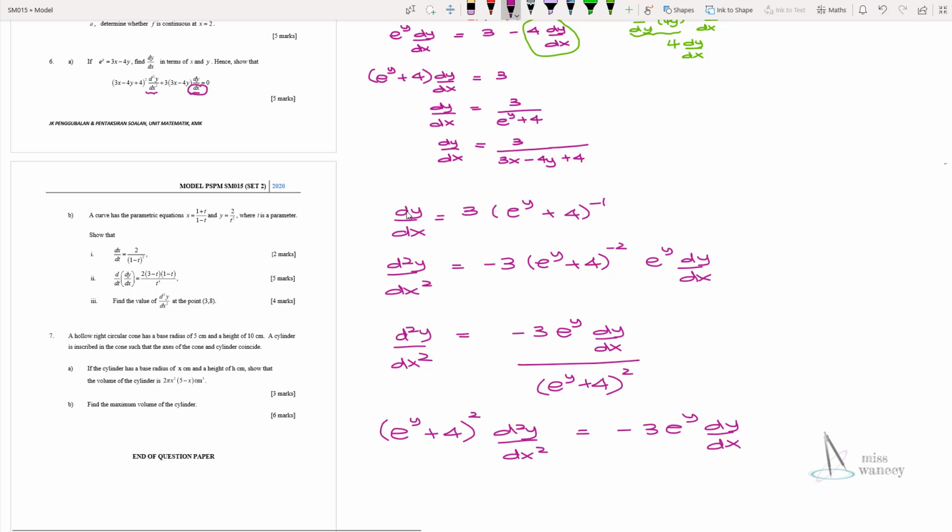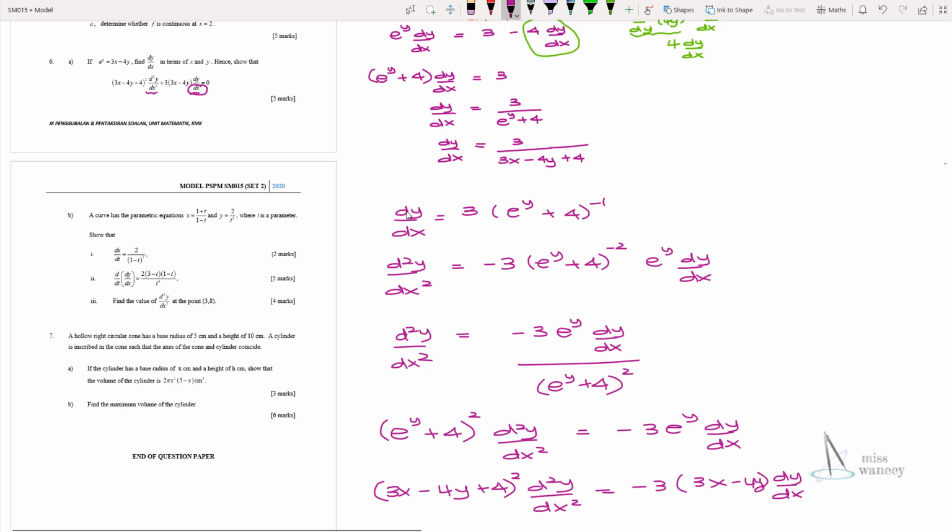Okay, so let me substitute back. e^y is 3x minus 4y, so 3x minus 4y plus 4 square d2y over dx square equal to negative 3x minus 4y dy over dx.